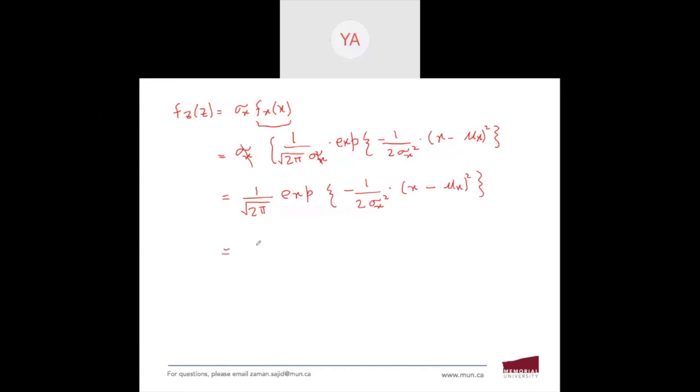I can also write it as 1 over root 2 pi exp of minus 1 by 2.